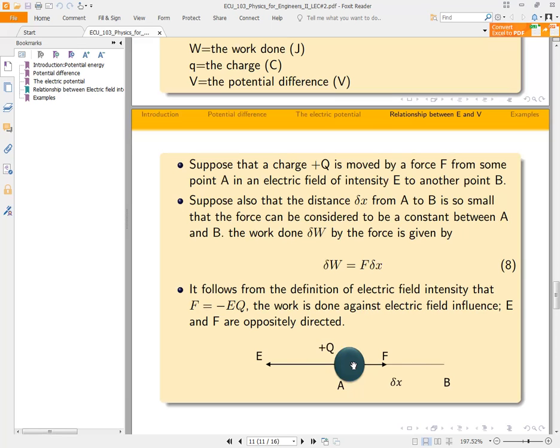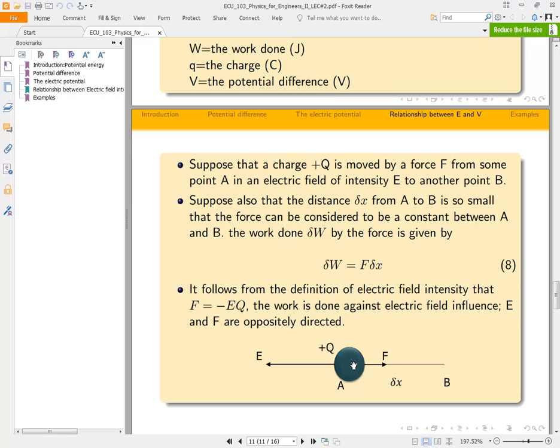It follows from the definition of electric field intensity. This is what we discussed last week, that electric field intensity E is what measures electric field lines. Some electric field lines are strong, some are weak, but the field is measured using electric field intensity, which is basically force per unit charge.